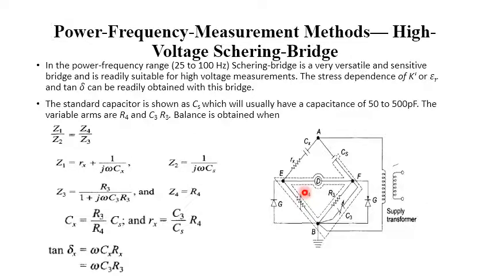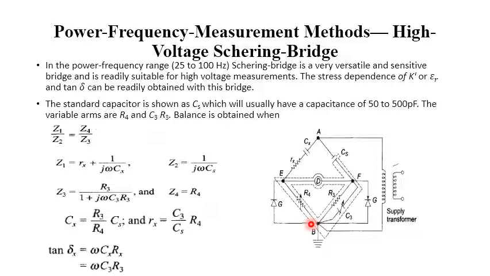The voltage across the low voltage arm, that is EB and FB, should not exceed 10 to 20 volts.